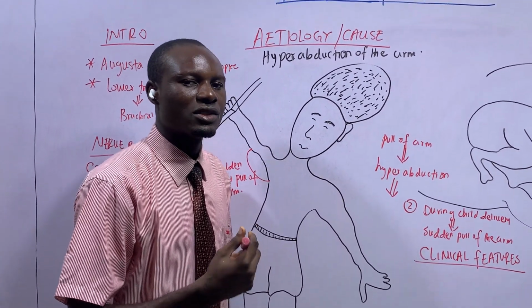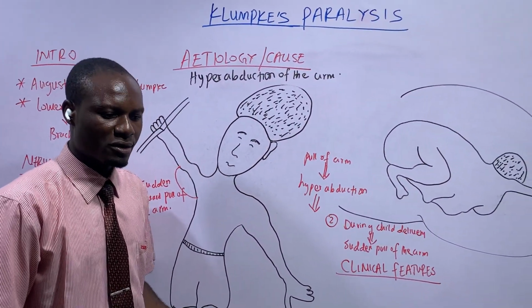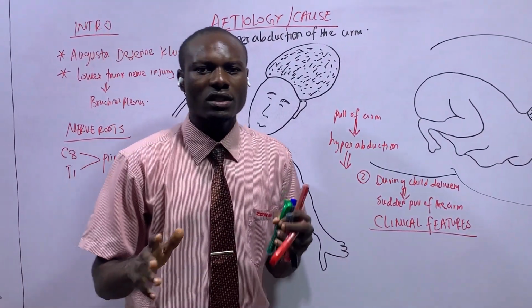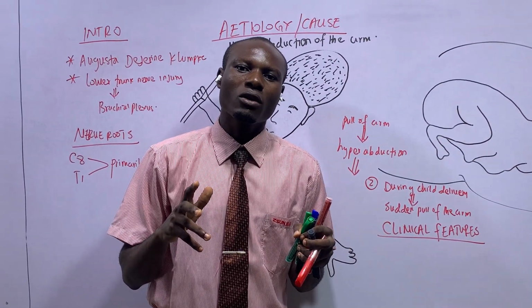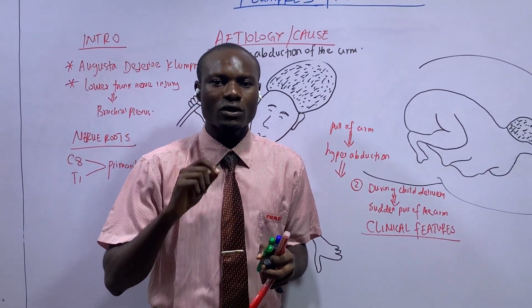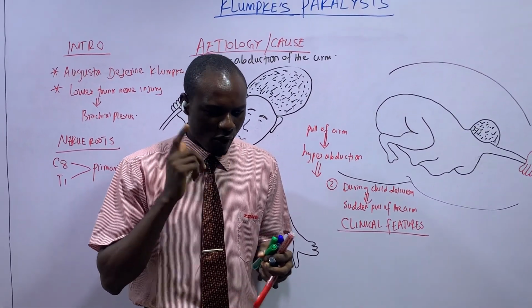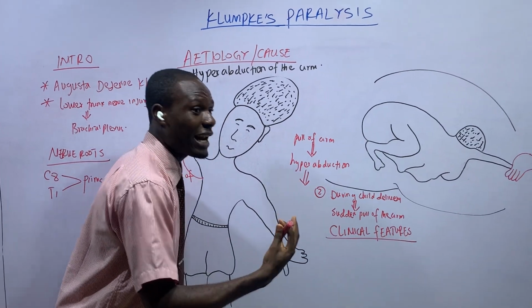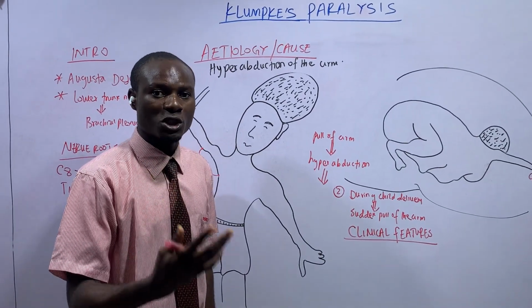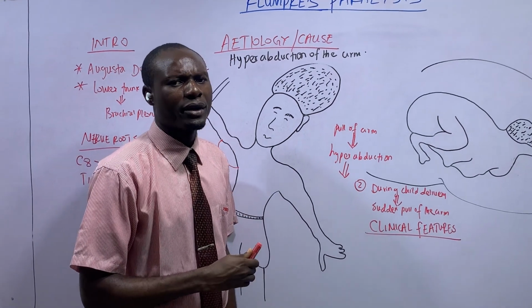So if the C8 and T1 nerve roots are affected, what are the muscles affected? We should look at the medial cord of the brachial plexus, because it usually contains the C8 and T1 nerve roots as contributory, and it goes down to supply these muscles. The ulnar nerve is the main continuation of the medial cord of the brachial plexus. So when you know the innervation of the ulnar nerve, you have a good starting point.